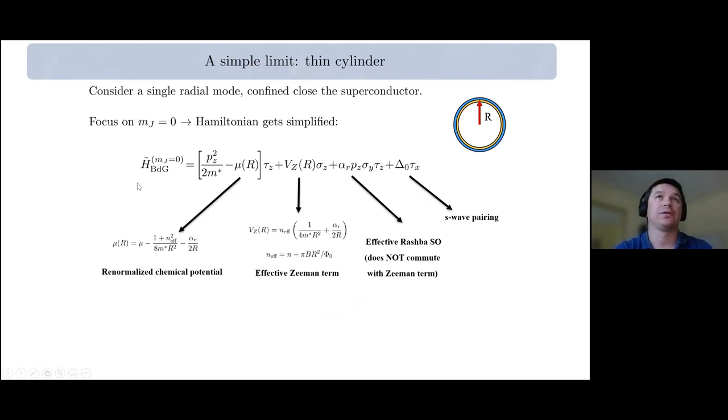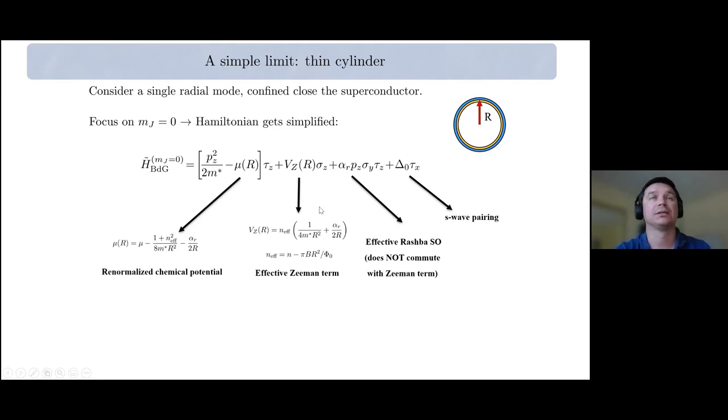If you look at it, this model looks very similar to the original semiconductor nanowire model that I described at the beginning of this talk. It has the same sort of ingredients and parameters, except these parameters now depend on geometrical effects, the radius of the wire, the spin-orbit coupling and other things.